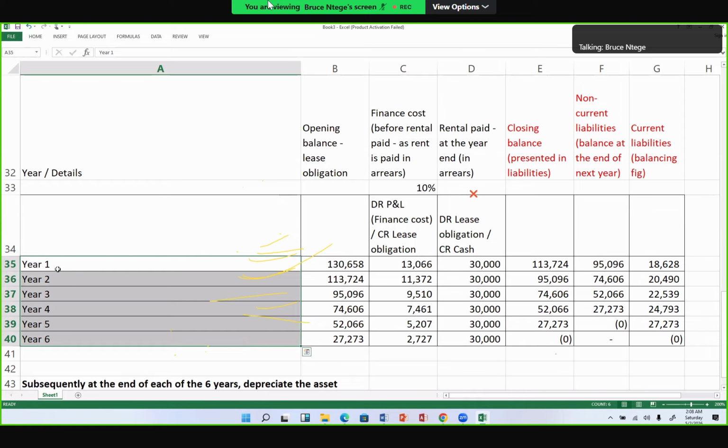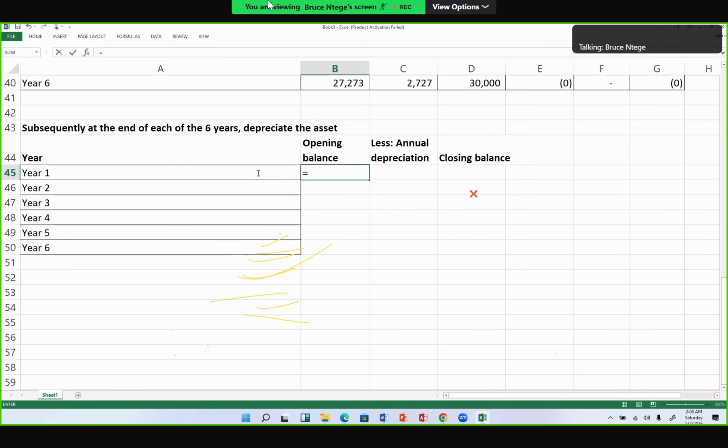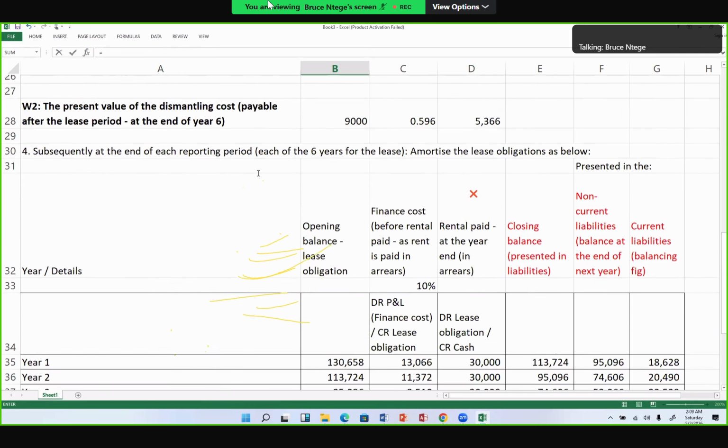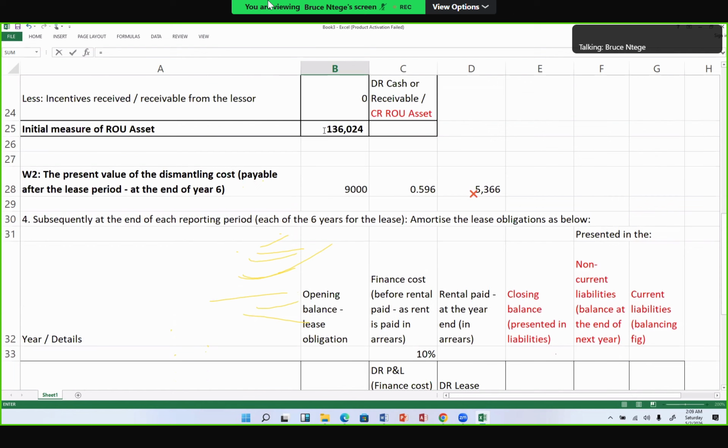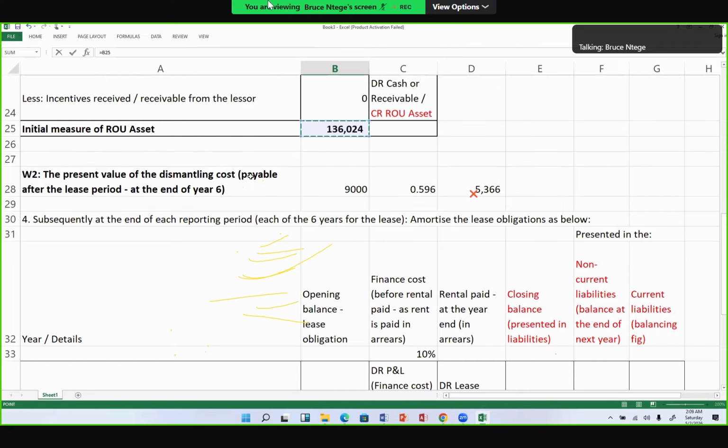So I pick all these 6 years and put them here as well. And we're saying that opening balance, if I pick it from up there, for the right of use asset, is 136,024. If you remember, that's the initial measure of the right of use asset, 136,024.